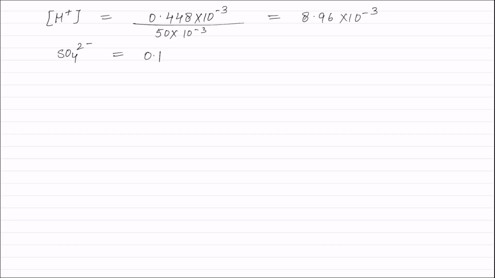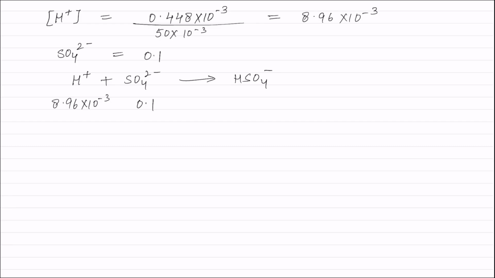Now in this equation, where H⁺ ion combines with SO4²⁻ ion to give HSO4⁻ ion, the initial concentration of H⁺ ions is 8.96 × 10⁻³. The concentration of sulfate ions is 0.1, and initially the concentration of HSO4⁻ ions is 0.